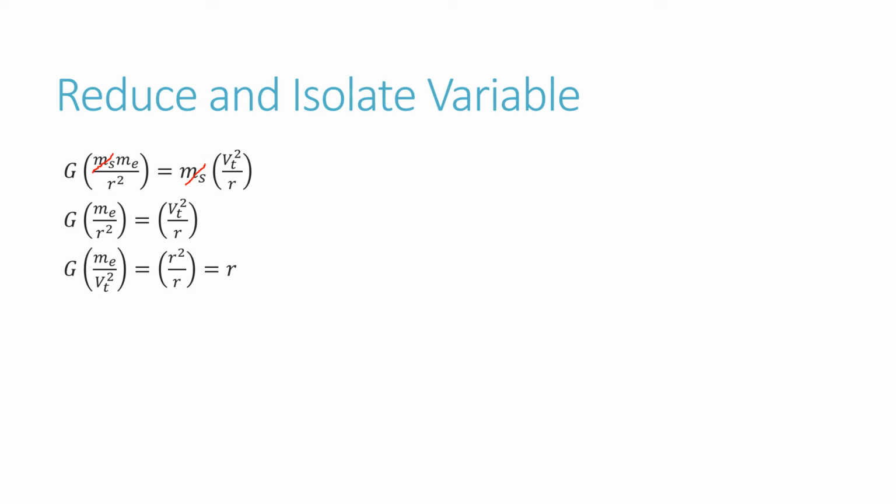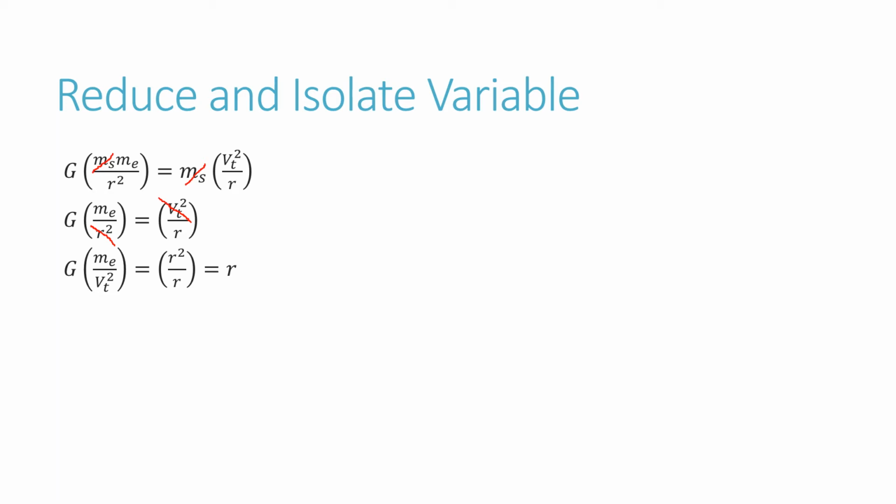Next, we're going to multiply both sides by r squared, and that'll cancel that. And then we're going to multiply both sides by 1 over v squared, and that'll cancel that. And we should get this bottom part, r squared over r equals r.